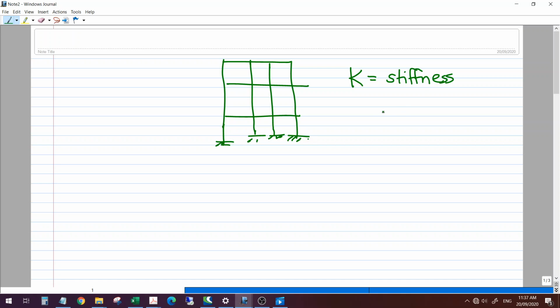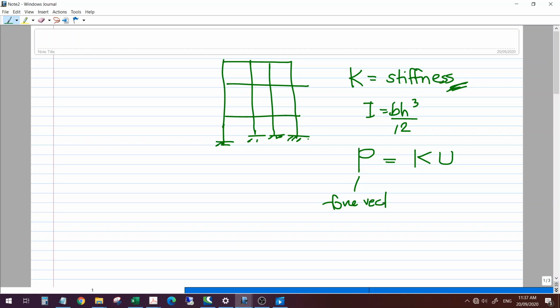That stiffness is a function of inertia. And what is inertia? I equals bh cubed over 12. Then, when you solve this structure, we follow the stiffness method. That's why we need the stiffness. It has the general formula P equals KU, wherein P is the force vector.